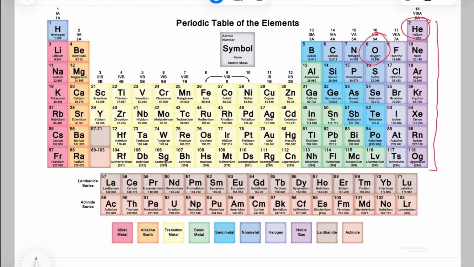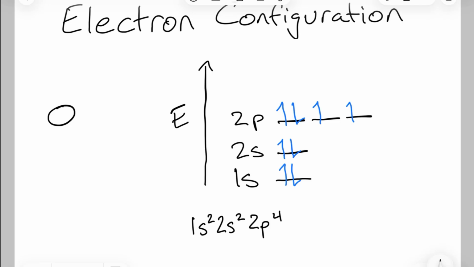Let's go back to writing our formula. We can actually abbreviate helium and its electrons just by writing it in brackets. And then all we need to do is add in the electrons that are above helium. So 2s2, 2p4. And that's it. That's a lot easier than just writing out all of the electrons.